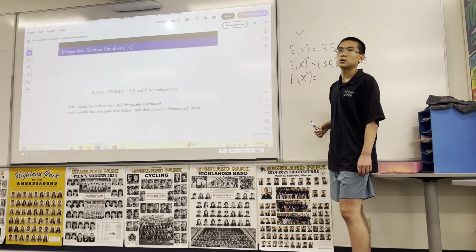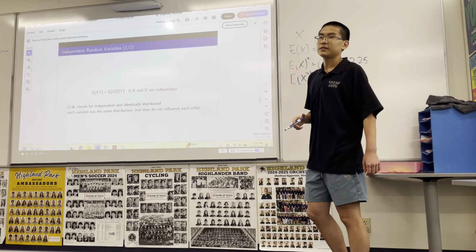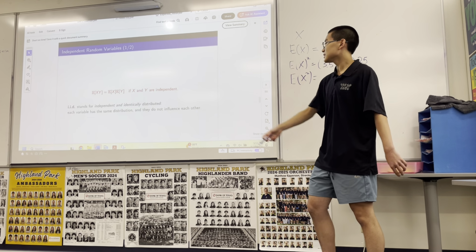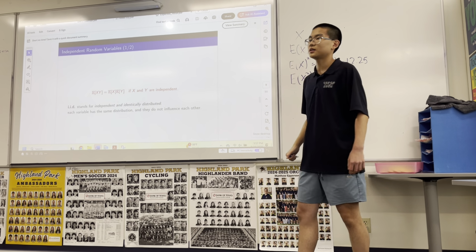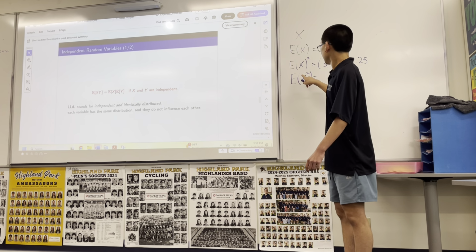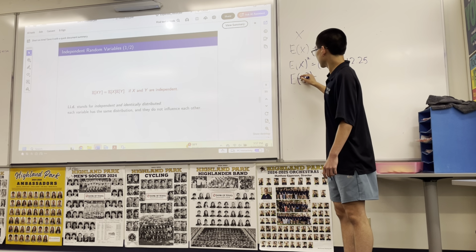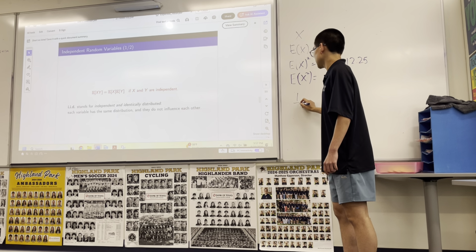You cannot use this formula here because X and X are not independent. If you know the value of X, you know the value of X. This is only true if X and Y are independent variables. X is not independent with itself. So this does not apply. In order to find the expected value of X squared, we need to look at all the possibilities.